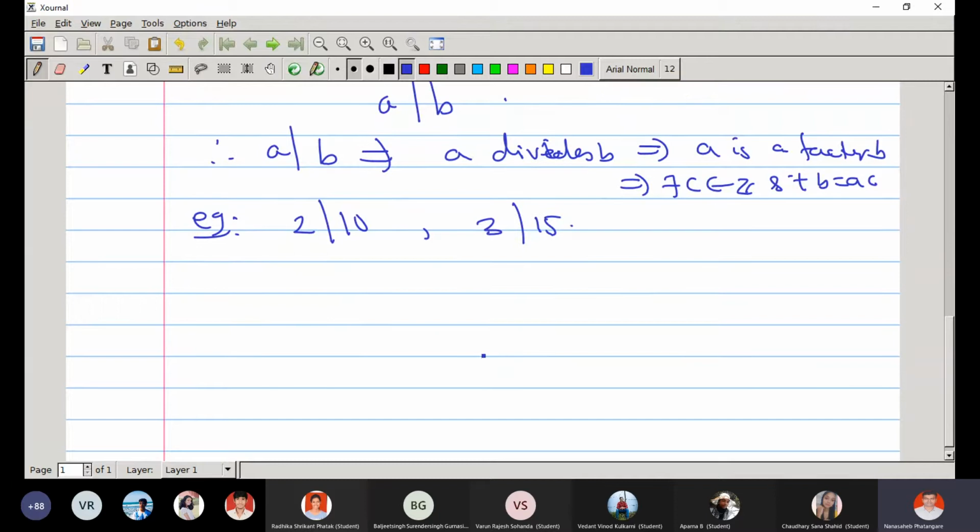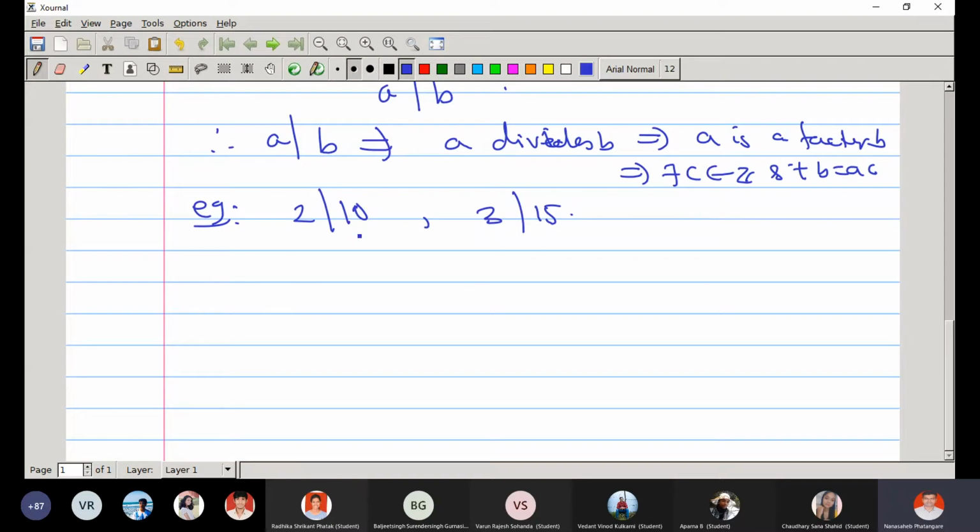Now, integers are some special numbers which we already use in day-to-day life, right? And there is something more abstract or more general than integers, and that is what we call polynomials, right?